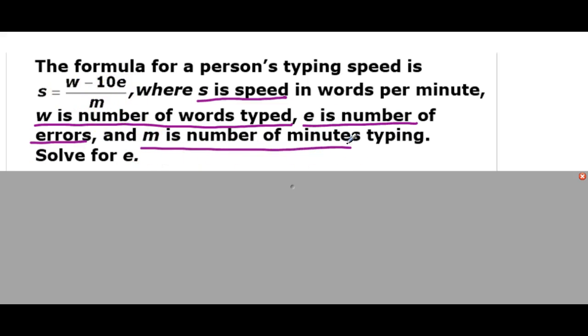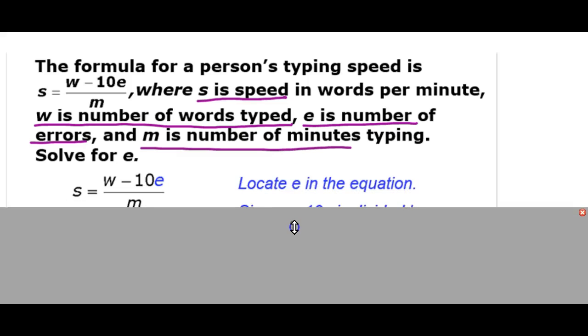Now, I really don't even have to understand how that works. What I can do, though, is take this and solve for a different variable. I would do this if I wanted to figure out errors rather than the speed. So, remember those steps from a minute ago. You might want to try this one yourself.